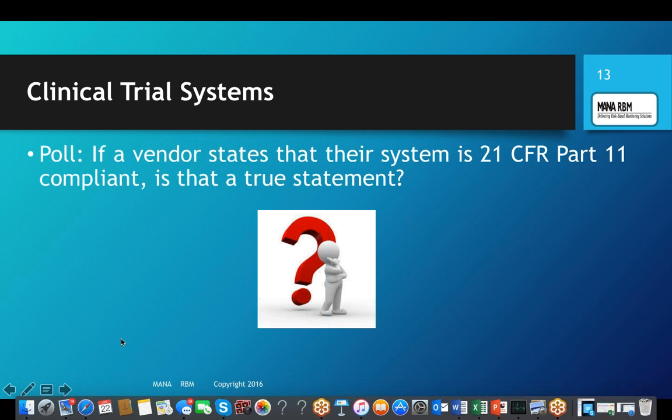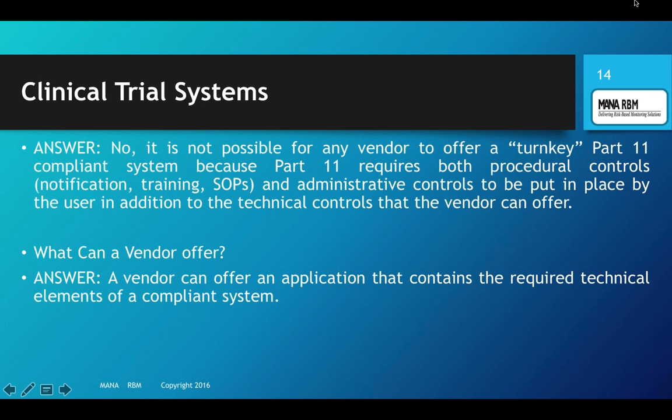The reason is, it's not possible for any vendor to offer a turnkey Part 11 compliant system because it requires both procedural controls or processes, including training, notification, SOPs, as well as administrative controls to be put in place by the user, in addition to the technical controls that are covered by the vendor. So when they say, oh, our system is 21 CFR Part 11 compliant, you'll go, not so much.